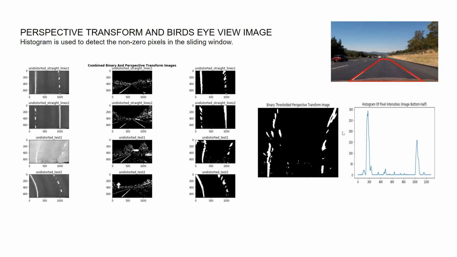Here the sliding window approach is used with 9 windows to detect non-zero pixels in the binary image within the sliding window boundary, and we append them to the lists of left and right lane pixels. The values obtained through the sliding window technique are fit into a second degree polynomial, which is further used to detect the lane lines.